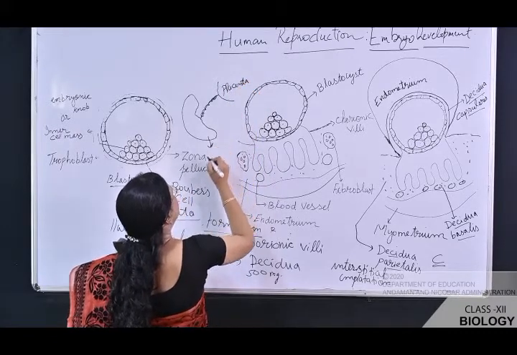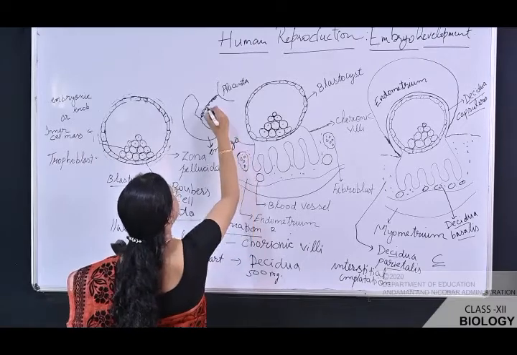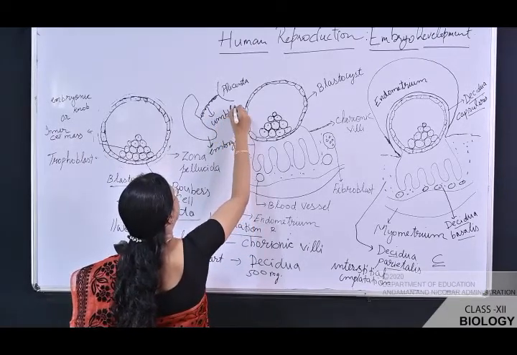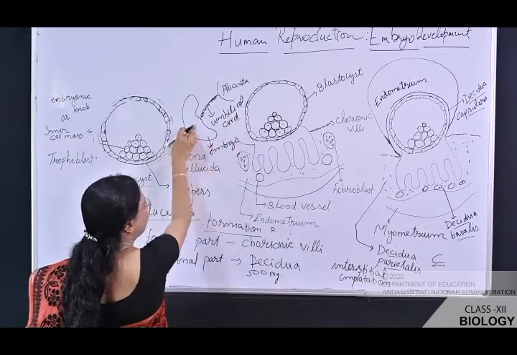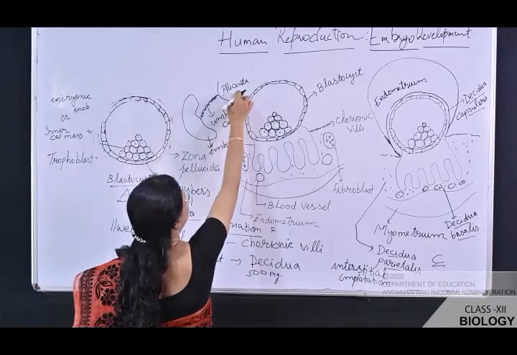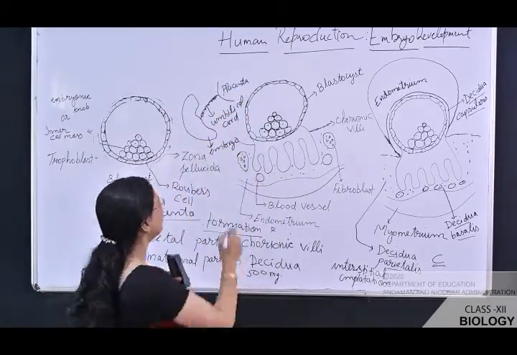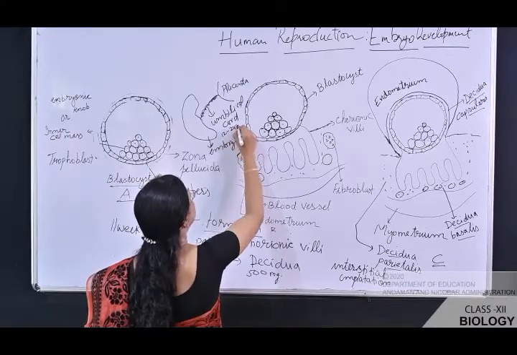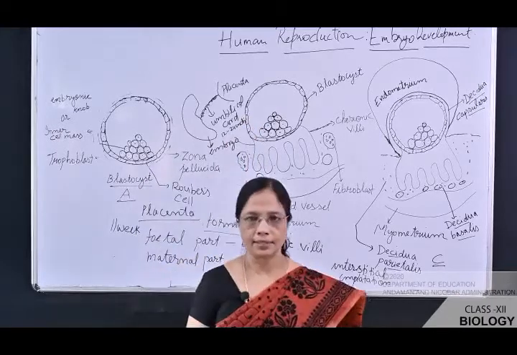This is the developing embryo, and this is the umbilical cord. The developing embryo is connected with the placenta through the umbilical cord. The length of the umbilical cord is about 12 to 24 inches. So this is about the placenta.